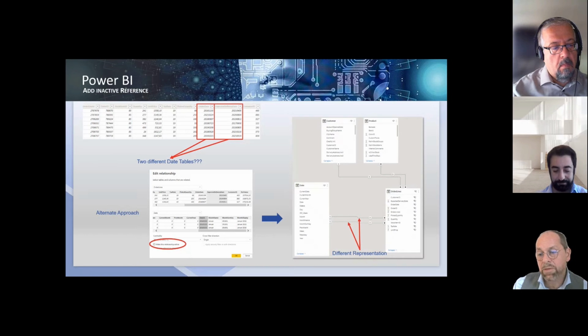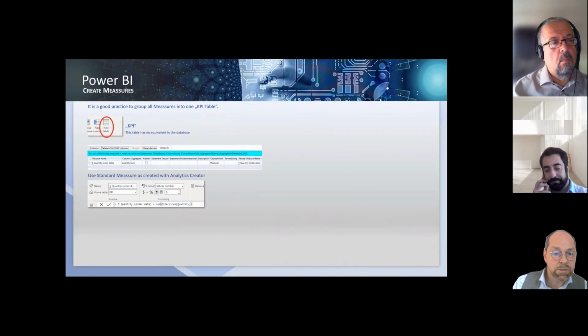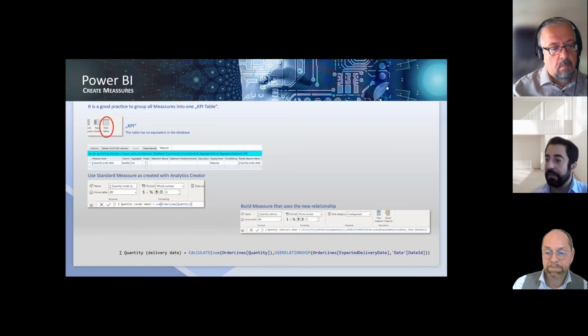You see, this is a different representation of the relationship, and let's see how this is used. What we can see here is a standard measure we defined in AnalyticsCreator and the representation in the Power BI model. That's basically this one.